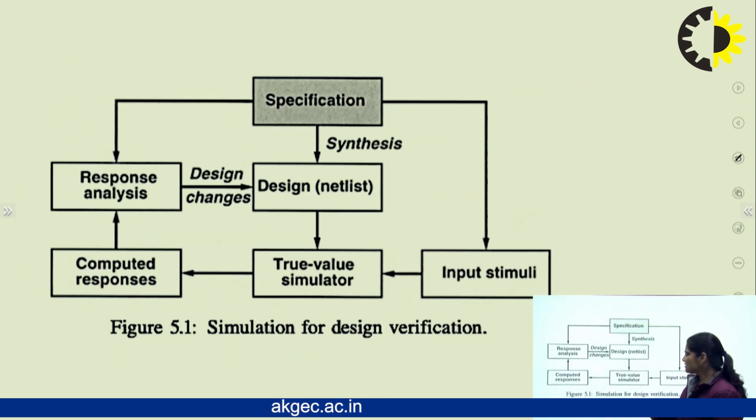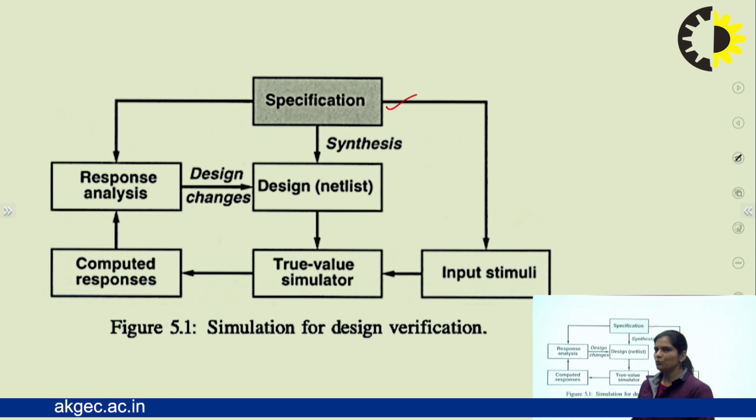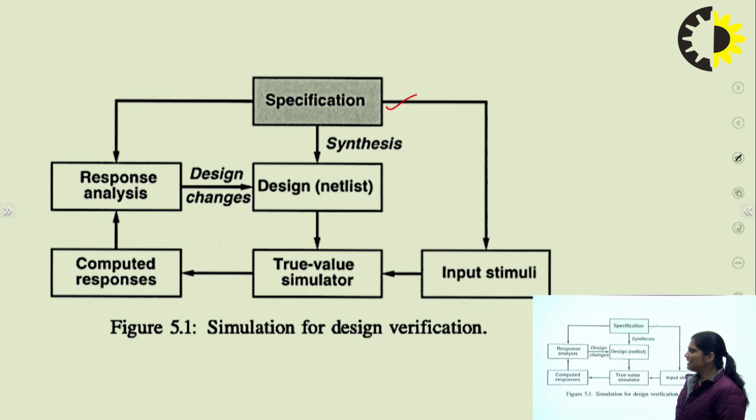Now this is a simulation for design verification. First, we have to specify all the input variables in the specification step. Let it be, we have to design an AND gate. So if we have to design an AND gate, what are the inputs and what are the outputs we have to consider for that two input AND gate?